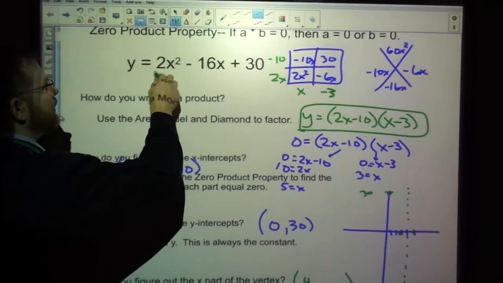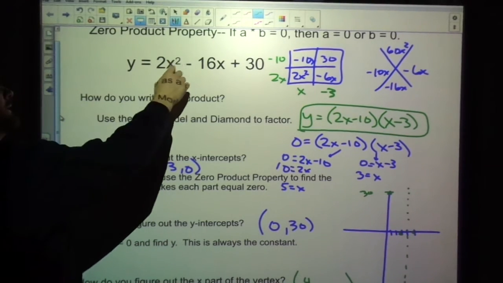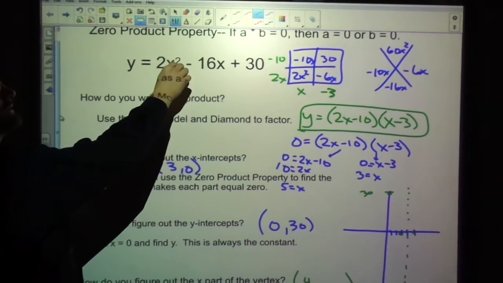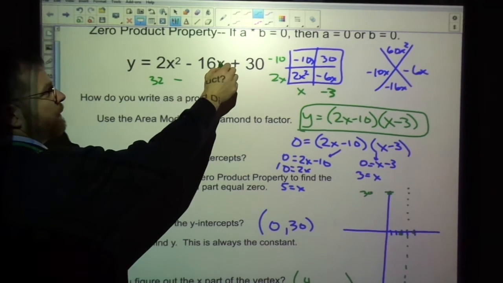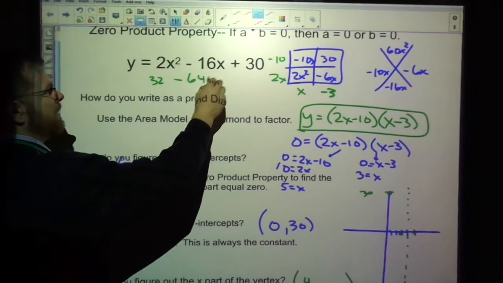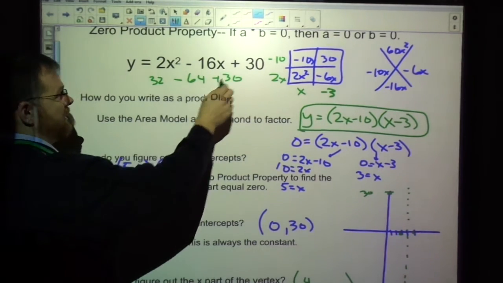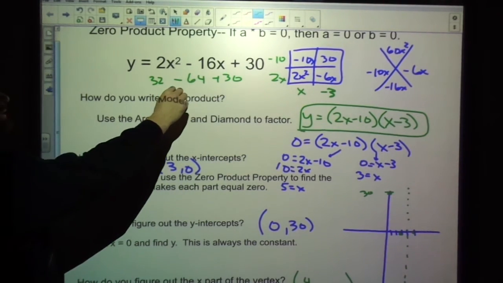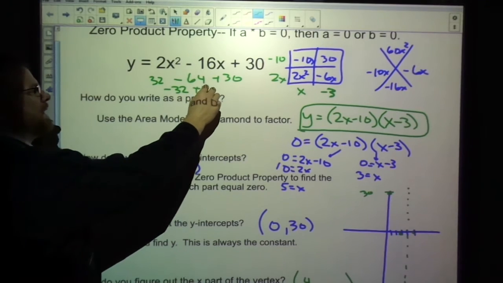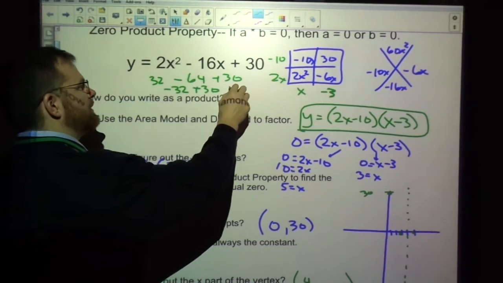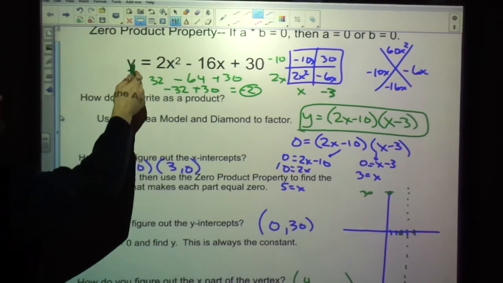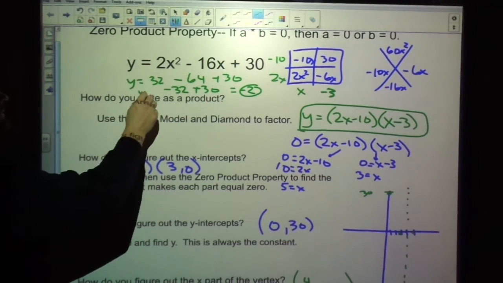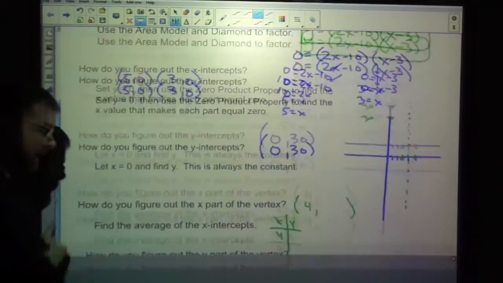When x is 4, that would give me 4 squared, which is 16. 16 times 2 is 32. 16 times 4 now is 64, plus 30. 32 minus 64 is negative 32. And when you add those, that's going to give me negative 2. So when x is 4, y equals negative 2.